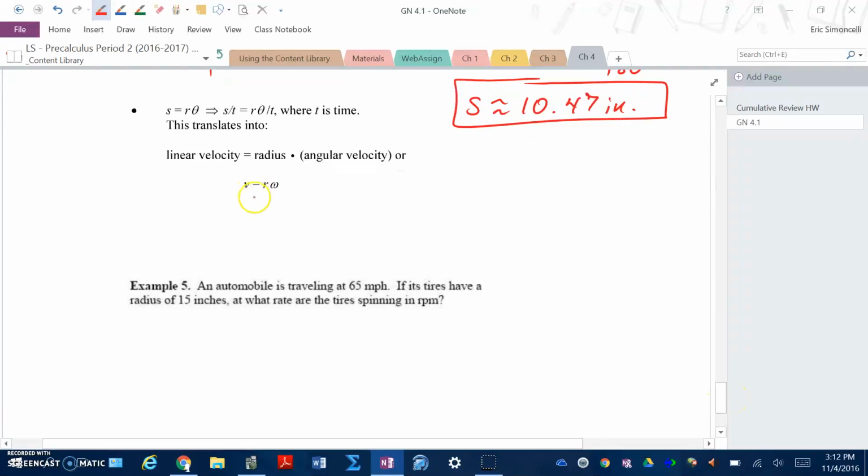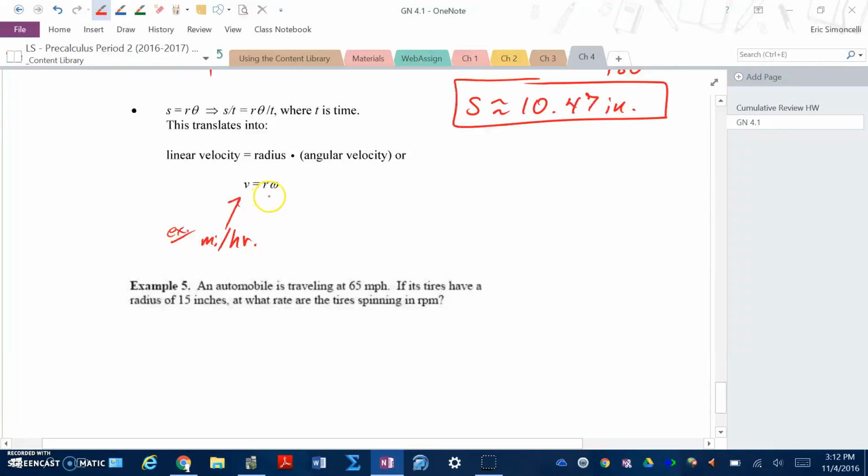I do want to highlight a couple things in this particular formula that's going to help us on various problems. Velocity, or linear velocity, for example, will be unit-wise represented as miles per hour. This is just a hypothetical. Could be kilometers per hour, meters per hour, or meters per second. There's a variety of units you could use, but it's going to be a pretty typical looking distance divided by time value.